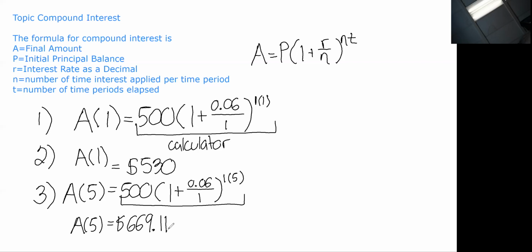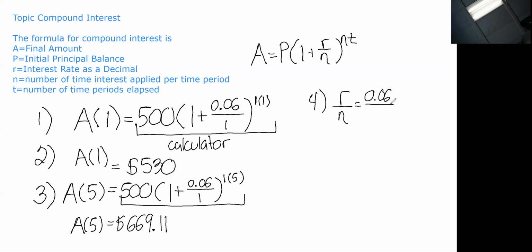Suppose that the bank decides to start compounding interest at the end of every 6 months. If they still want to offer 6% per year, how much interest would they offer per 6-month period? So we are finding R divided by N. We said R was our 6%, or 0.06.